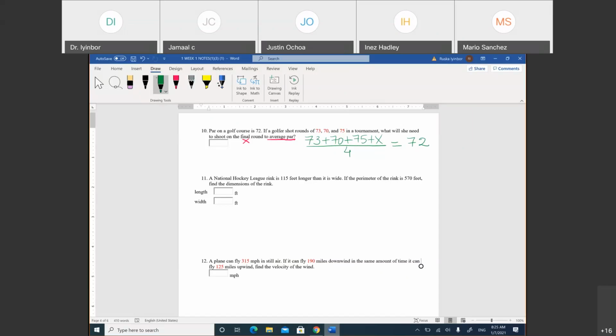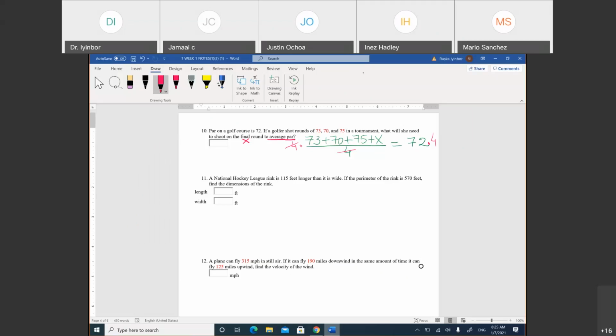When you solve this equation, you're going to find X. So how do you solve it? You have fractions, so first I'm going to multiply both sides by 4 because that's what I have in the denominator. So 4 and 4 cancel, so no more fractions.